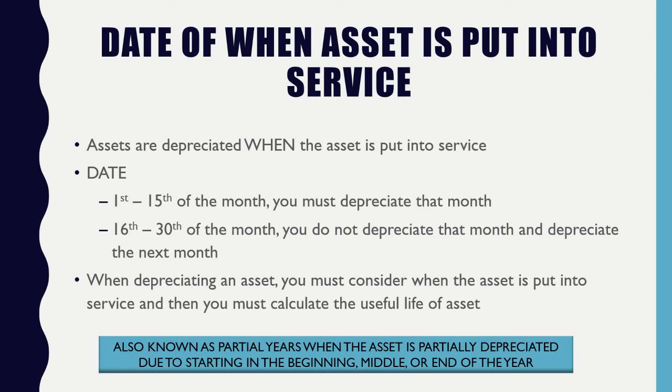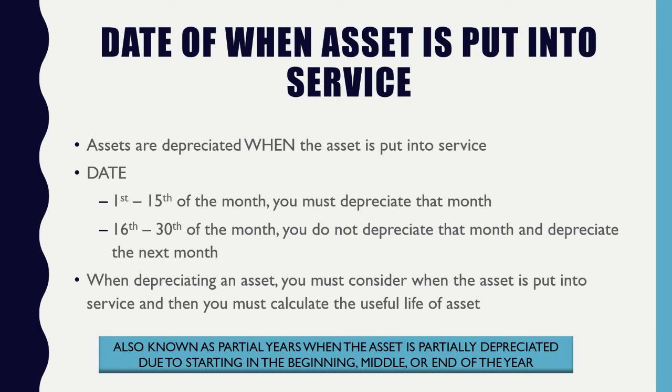Okay? But if you put it into service after the 15th, anytime between the 15th to the 30th or 31st, that's the very last week of the month. That's nothing. You haven't used the item that much. So in that case, they allow you to depreciate it the following month.